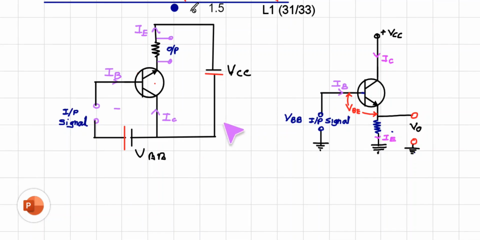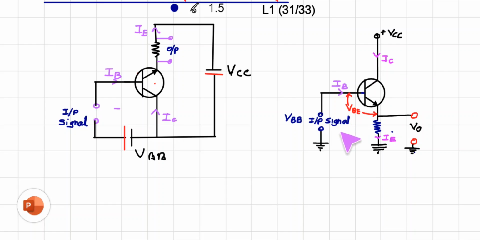This configuration is the reverse of common emitter configuration, as the load RL is connected to the emitter, that is RE, instead of the collector.